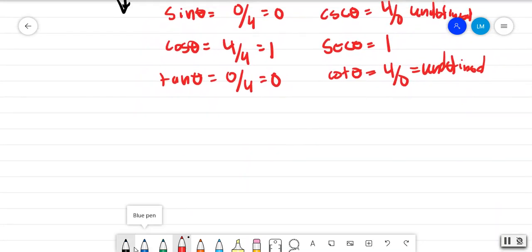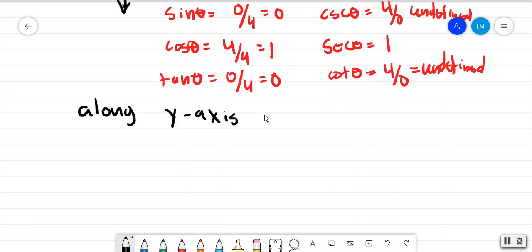Now, one thing that I do notice is that along the y-axis, both tangent of theta and secant of theta are undefined.